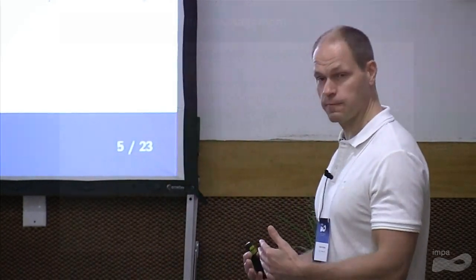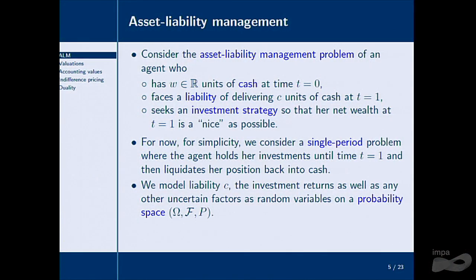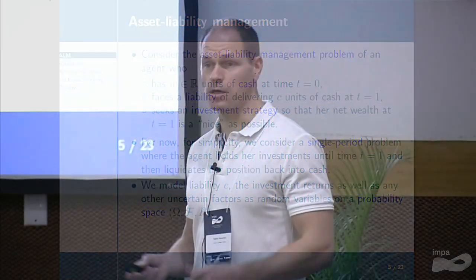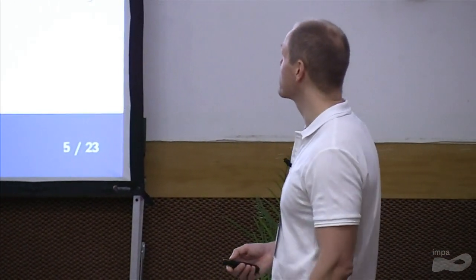When we get to the maturity, we pay out the claim if we have sold one, and we liquidate our portfolio and see what we get. What you get is the net wealth, that's the hedging error. And we try to come up with a portfolio which is as nice as possible in the sense that the net wealth at the end of this period is nice in terms of some risk preferences, some risk measure, expected utility or something like that.